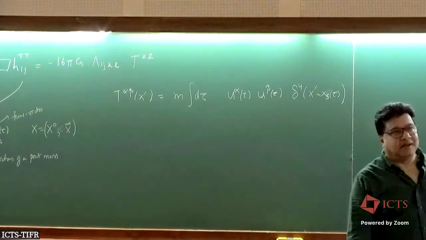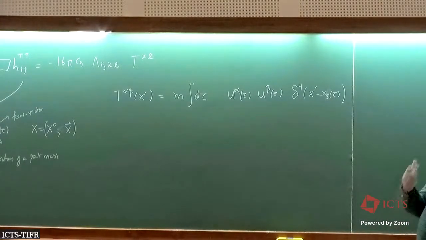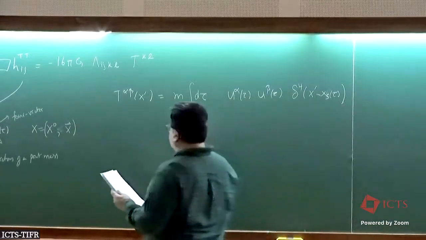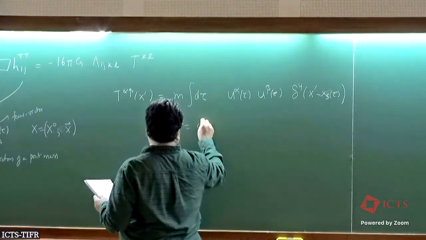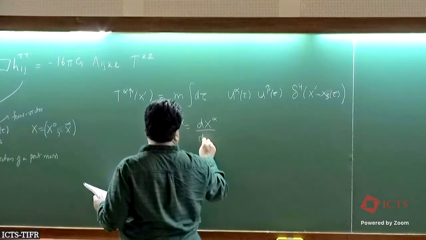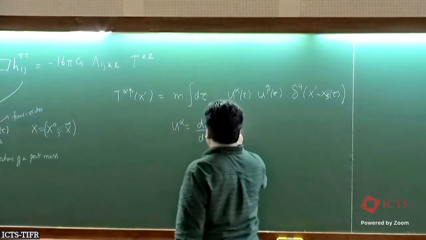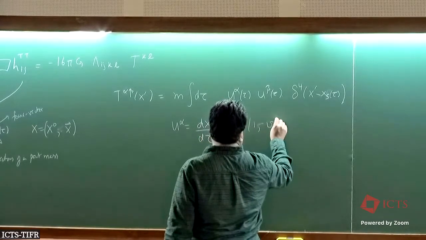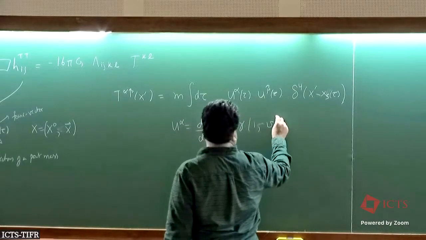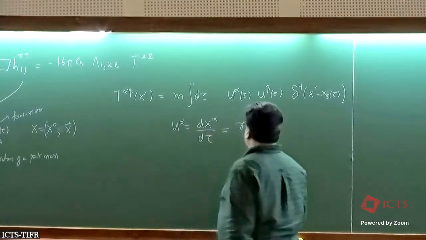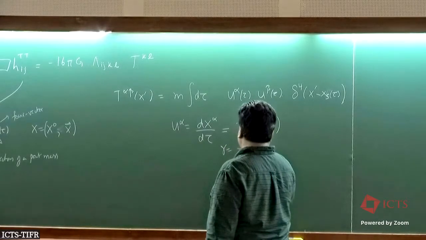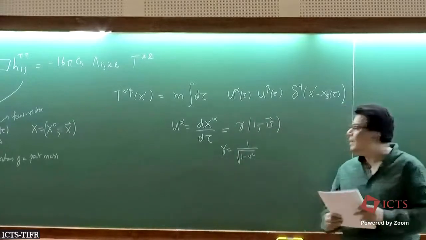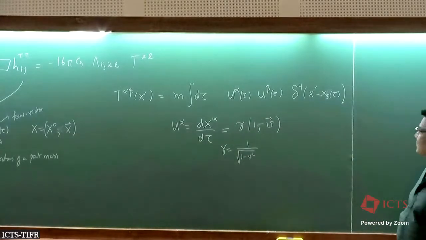So this is the energy momentum tensor, where these u's are the four velocities and tau is the proper time. So this is given in terms of v, in terms of gamma, where gamma is the Lorentz factor, and I've taken c equal to 1. So this is the energy momentum tensor for a point particle.